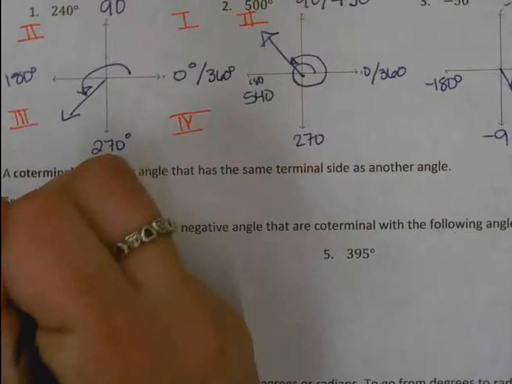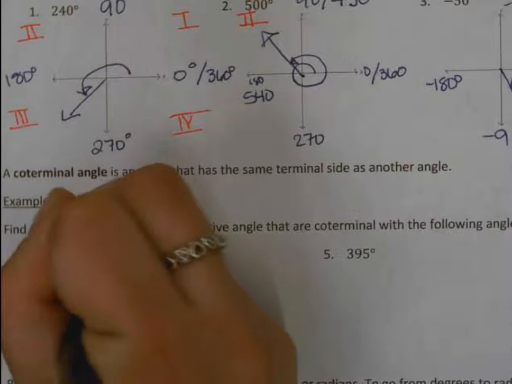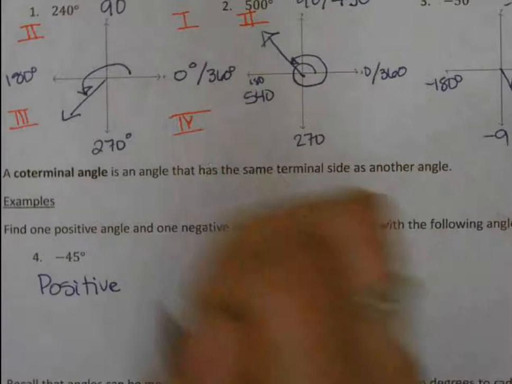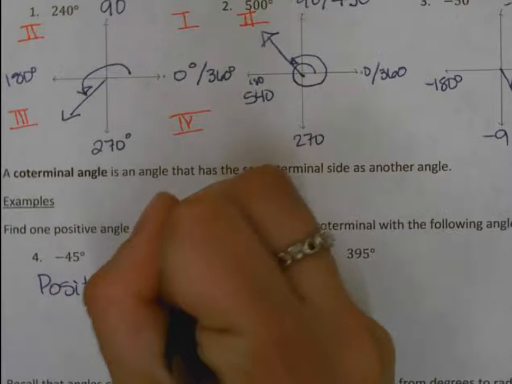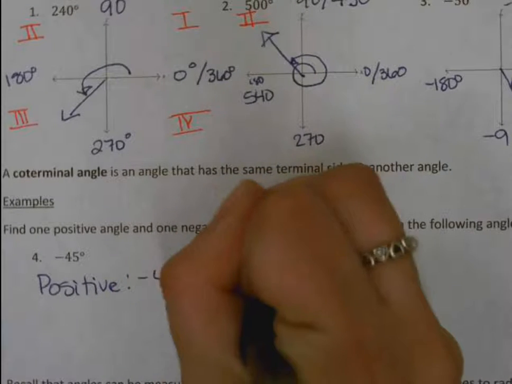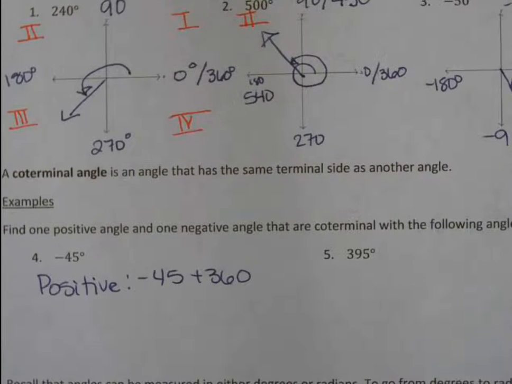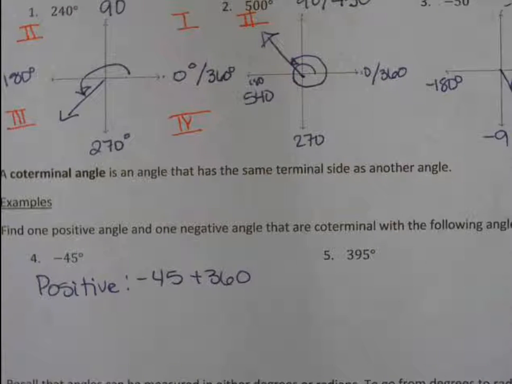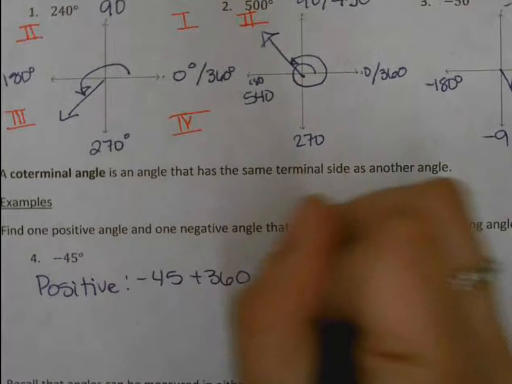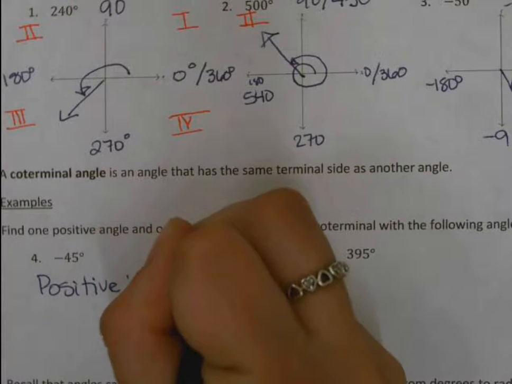So for my positive angle, I'm just going to add. Negative 45 plus 360, which gives me 315. And that's my positive angle.